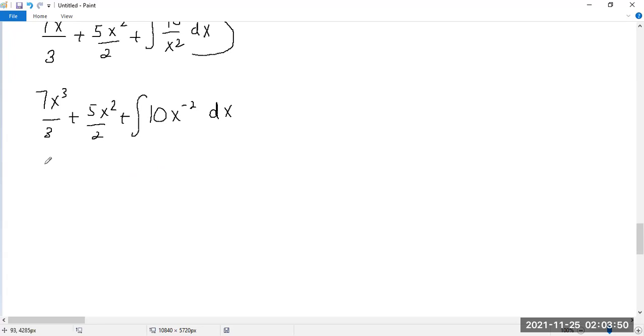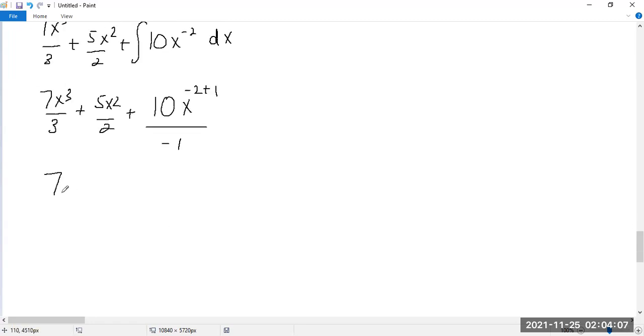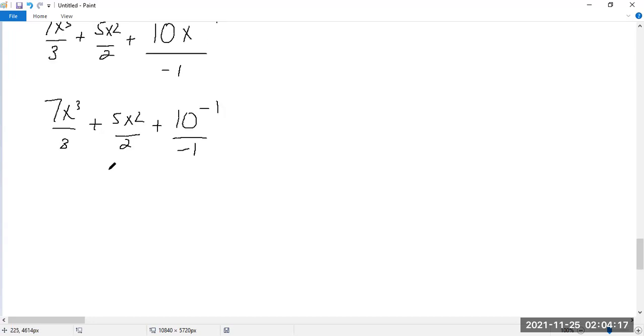What this allows us to do is have everything we had before, and then we can just ignore the constant, add 1 to the top, and then divide by whatever this is. This is -1, right? So our answer is 7x to the 3rd over 3 plus 5x squared over 2 plus 10 to the -1 over -1.